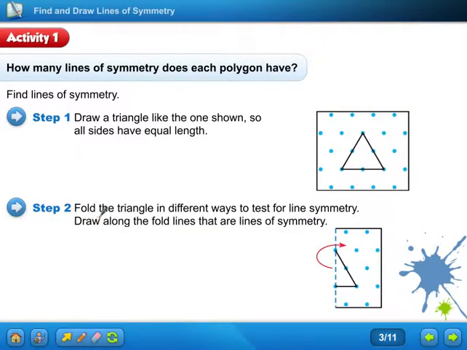Step 2 is to fold the triangle in different ways to test for a line of symmetry. Draw along the fold lines that are lines of symmetry. So they just folded it this way right here. That was a line of symmetry. Is there any other places we could fold that triangle?